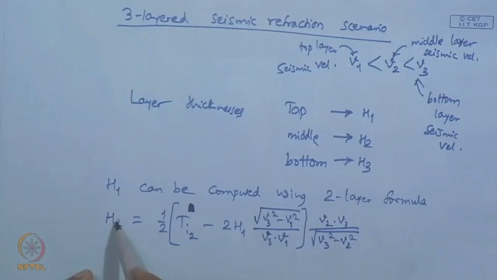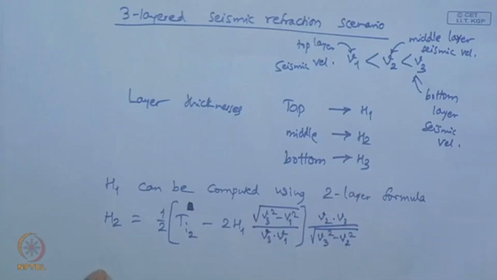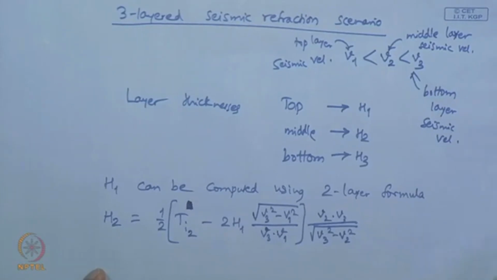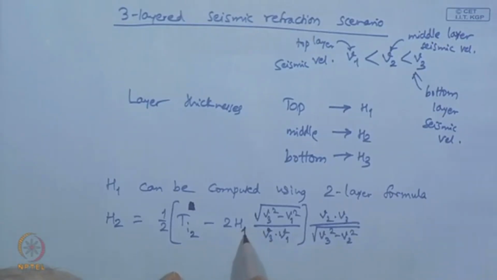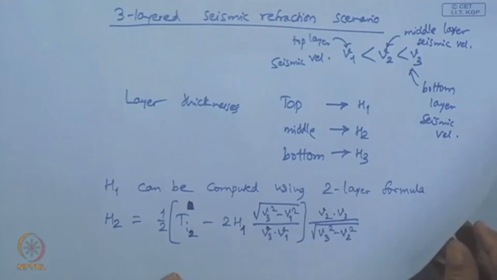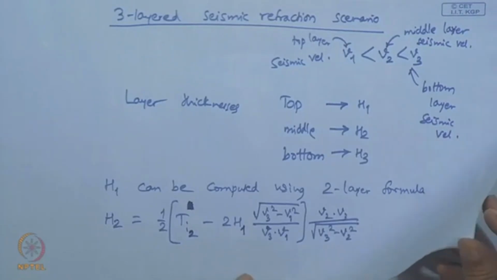So this is the expression for determining the thickness of the middle layer H2 in terms of the velocities V1, V2, V3, as well as the thickness of the top layer and the time intercept of this V2 line, I am sorry, the V3 line.